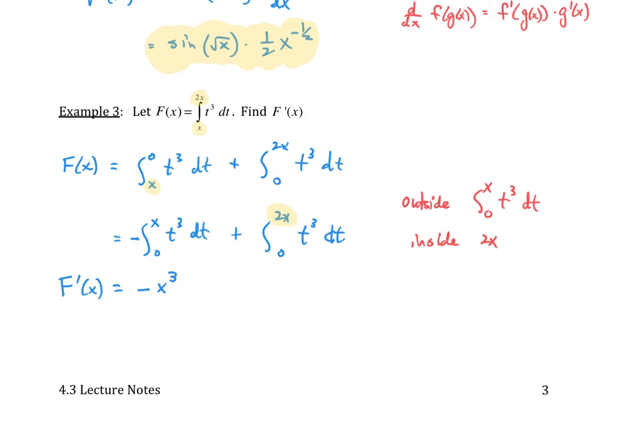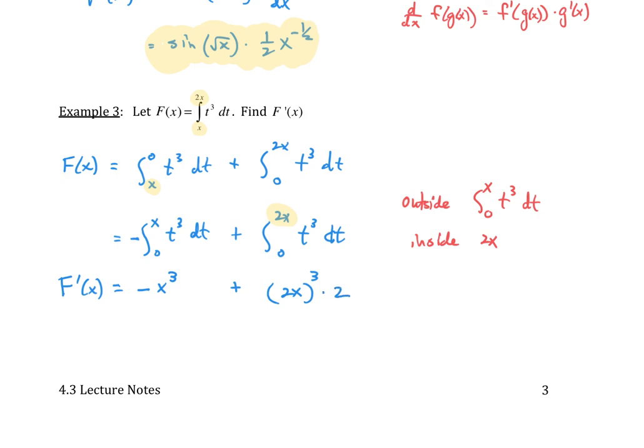So when I use the chain rule, I am going to take the derivative of the outside, and the derivative of the outside is going to be something cubed. We want to keep the inside function. The inside function is 2x, and then we need to multiply by the derivative of the inside. And the derivative of 2x is just 2. So we'll just multiply that by 2.